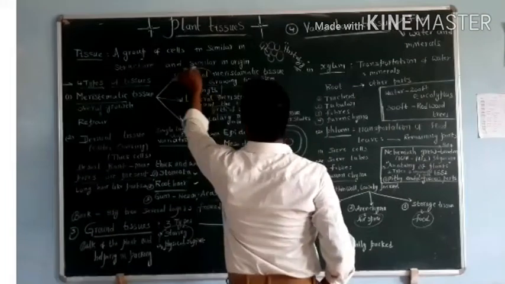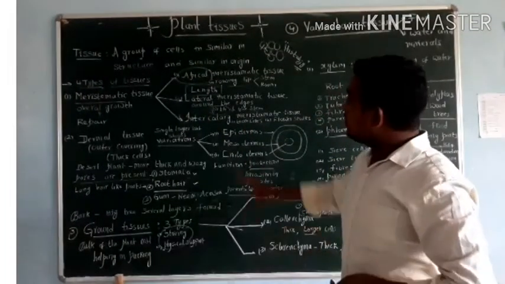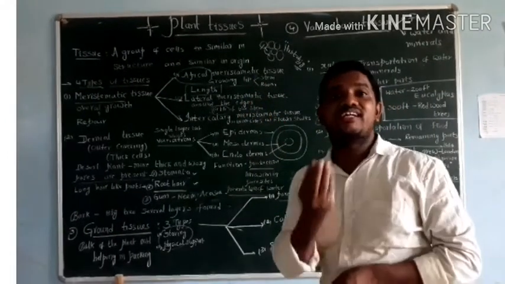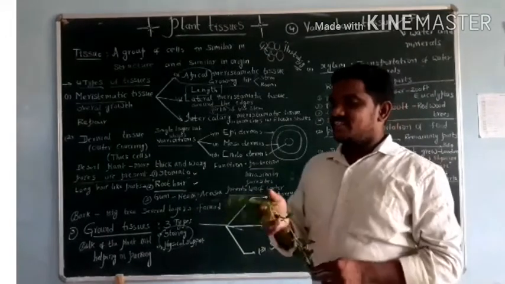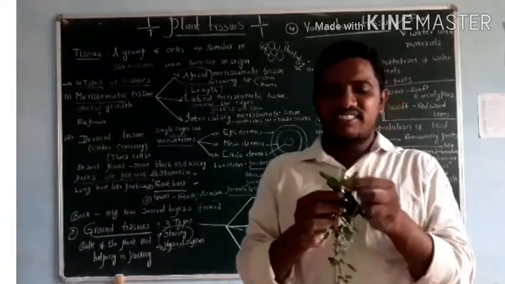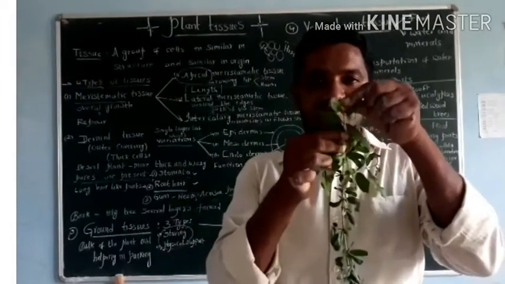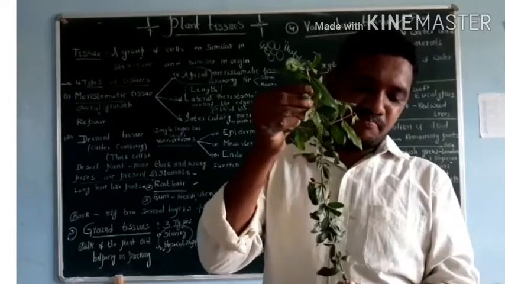What is apical meristematic tissue? The tissue that helps in growing the tip of the plant. It is present in the tip of the stem, the center part of the plant, and the tip of the root.